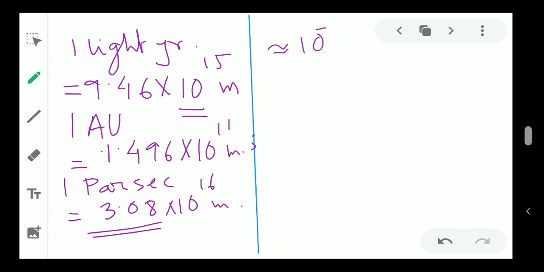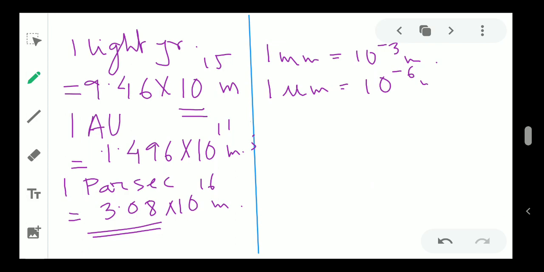Millimeter means 10 to the power minus 3 meter. So 1 millimeter is your 10 to the power minus 3 meter. Smaller is there, micrometer, that is 10 to the power minus 6 meter.